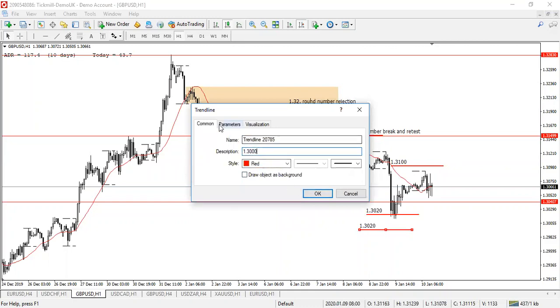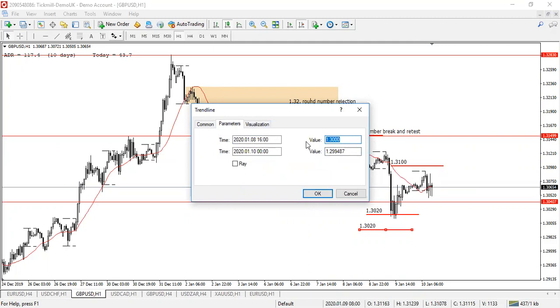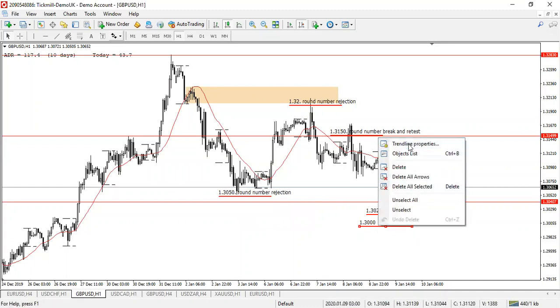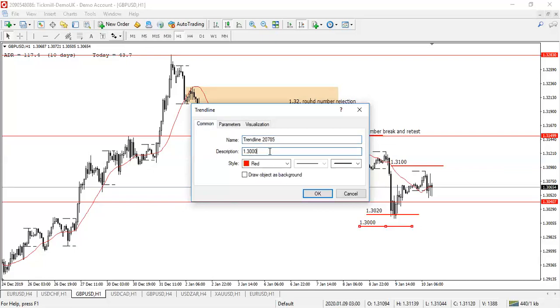Good. See, this is pure round number rejection here. This is round number rejection.